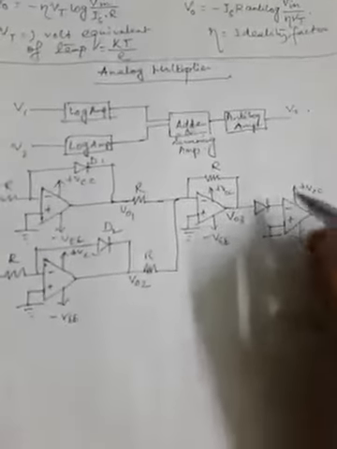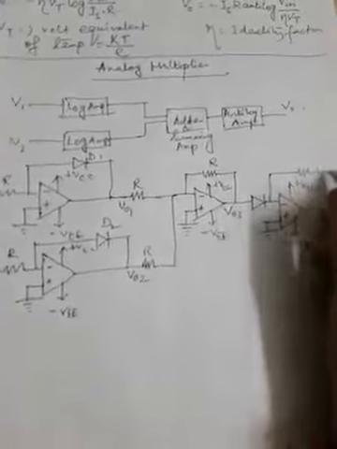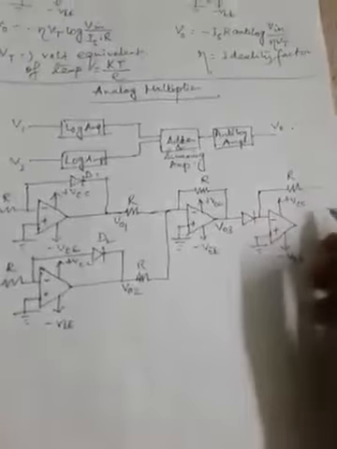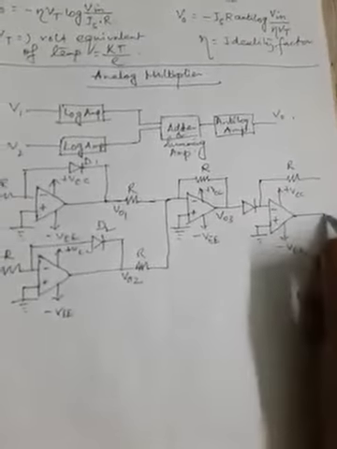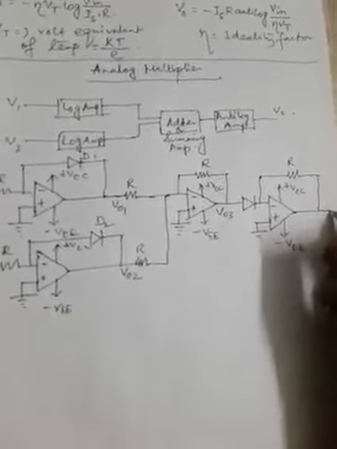So this is the anti-log amplifier. The feedback element is a resistance of the same value R, and the final output VO is taken from there.